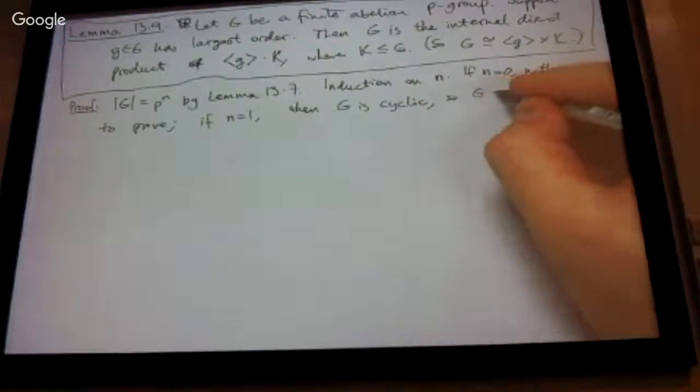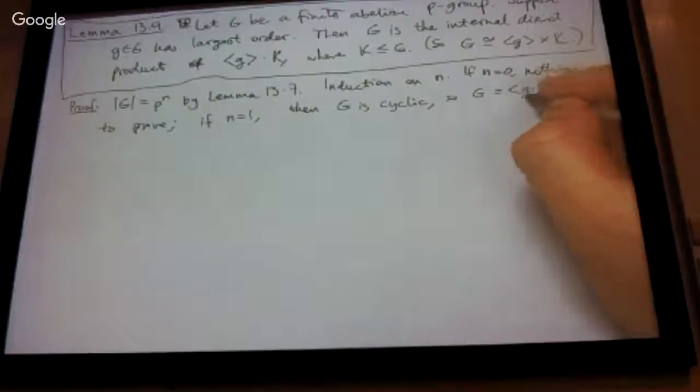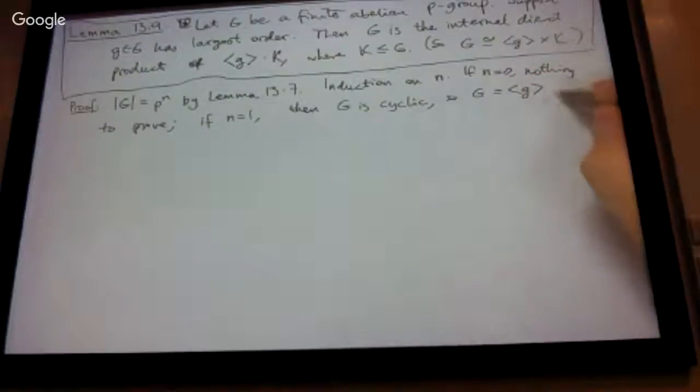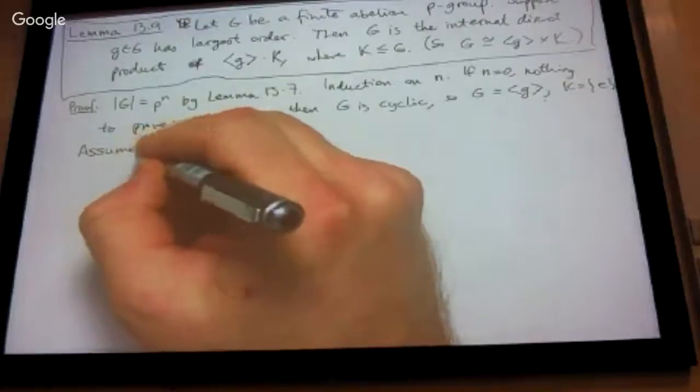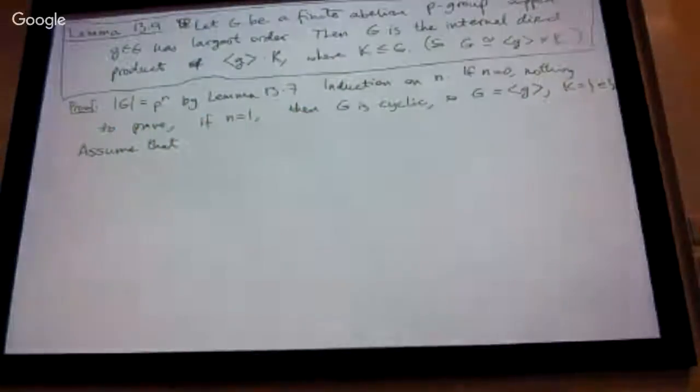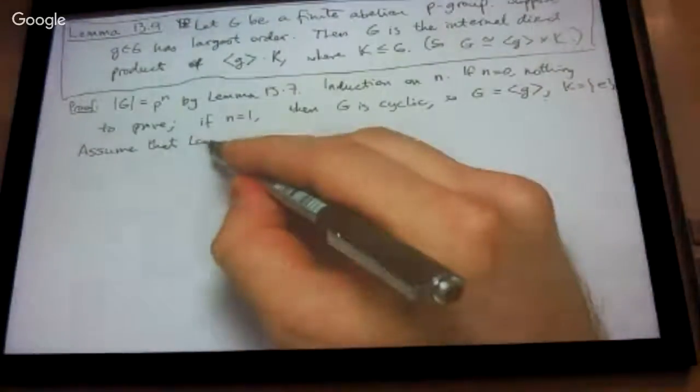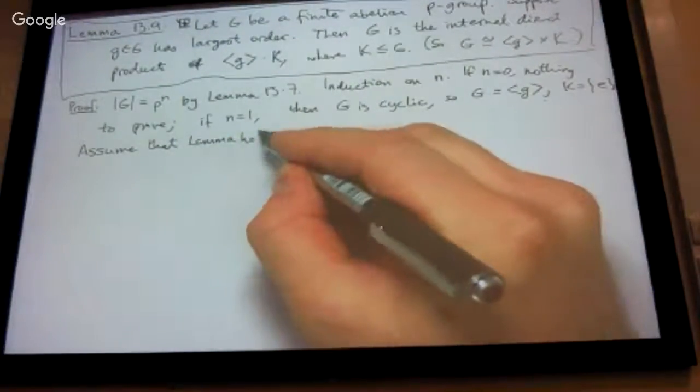So it's generated by some element, and K is just trivial. And that's the base case of the induction. So now assume that the lemma holds for all smaller things than n.